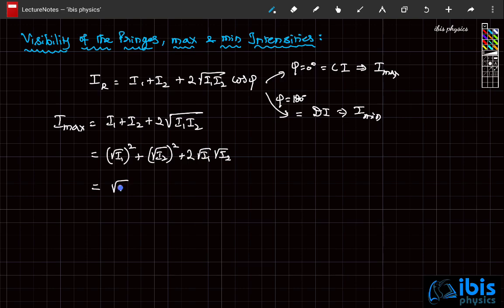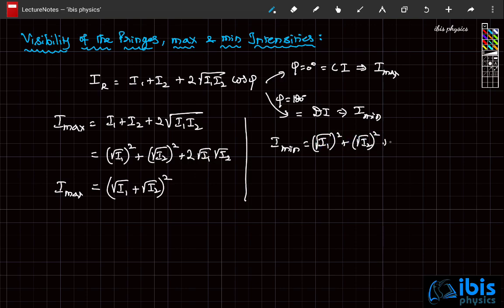So you can write it as root over I1 plus root over I2 the whole square. This is I maximum.